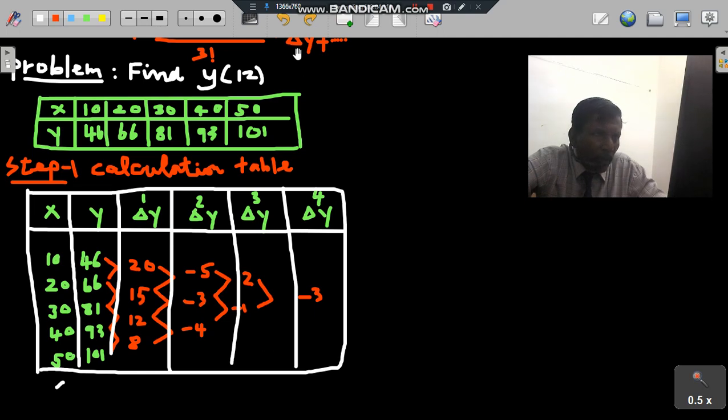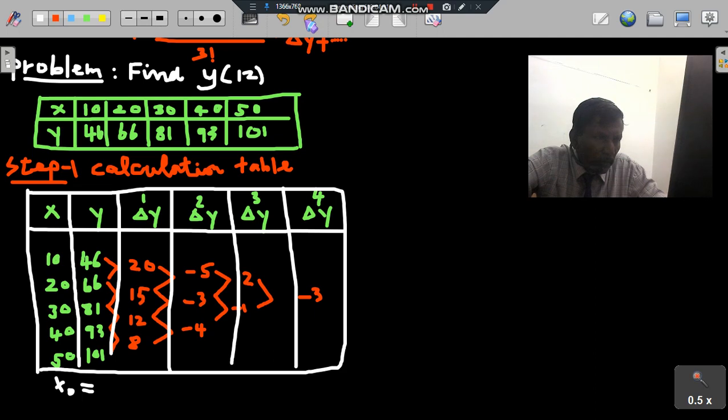Next we have to find the components here. This is what we call x naught, and this is y naught.